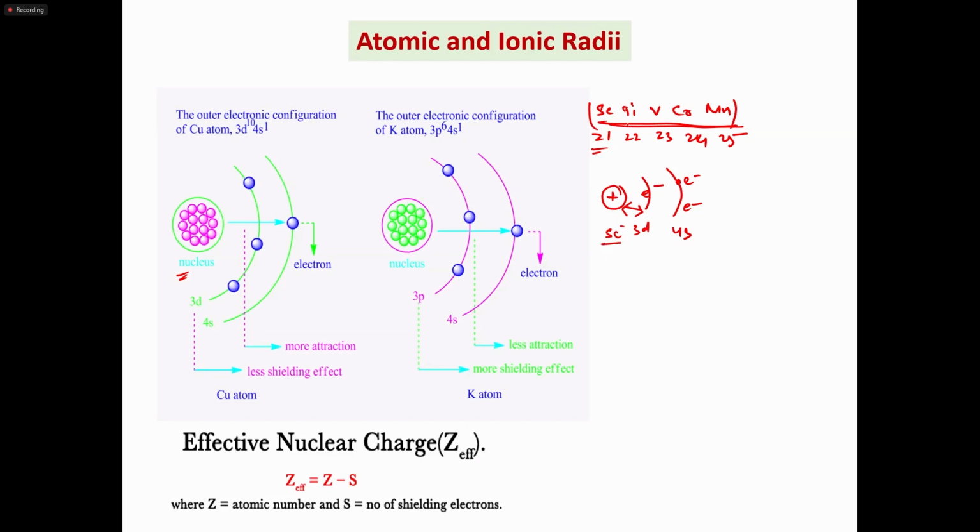But when we talk about titanium, another electron is also present here, so again these attractions will be there. When the attraction between these electrons and this nucleus increases, these valence orbital electrons will be closer to the nucleus, and then the size will decrease.